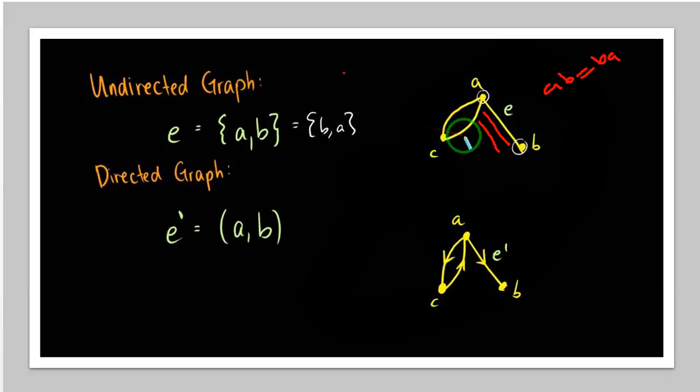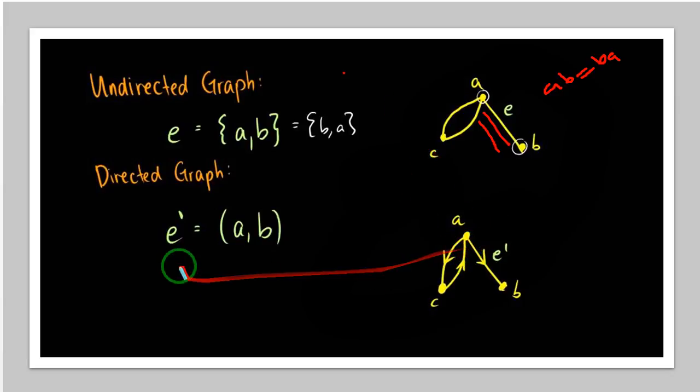Then we have a directed graph, and again we have vertices. Here you can see we can mention the direction.